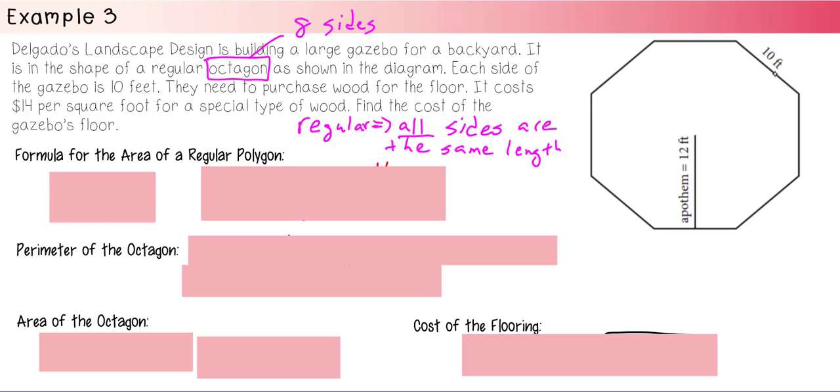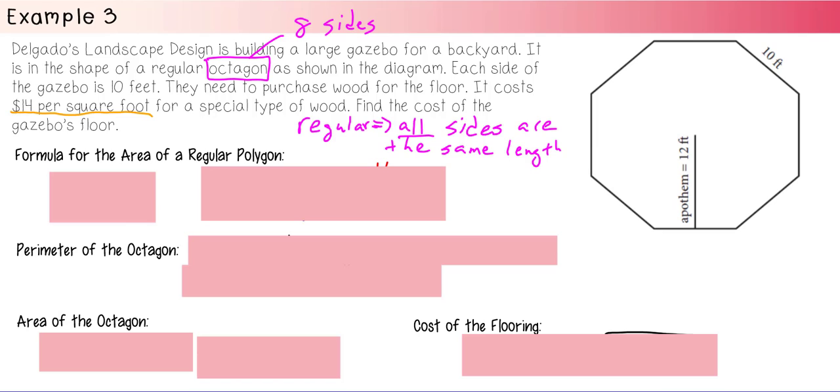Then they need to purchase wood for the floor, and it costs $14 per square foot, so that's the cost for a special type of wood. Find the cost of the gazebo's floor. So the first thing we need to do is figure out the area of a regular polygon, and that's got a slightly different formula.